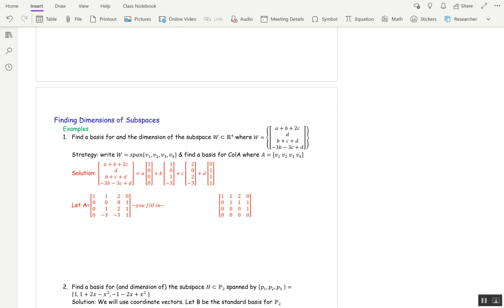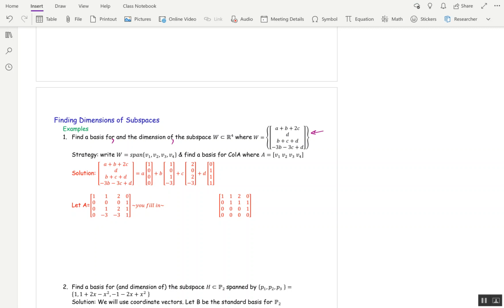Find a basis for, and the dimension of, the subspace W that looks like vectors of the form that I have here. And so that's going to be a subspace of R4.